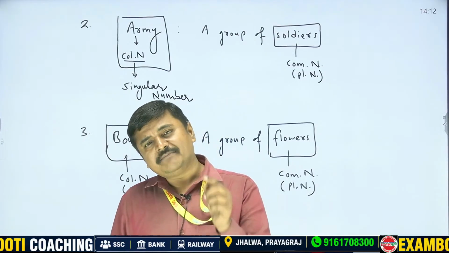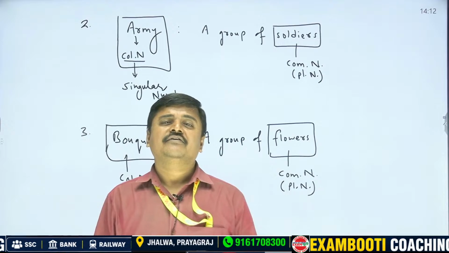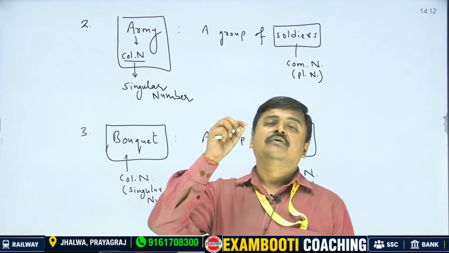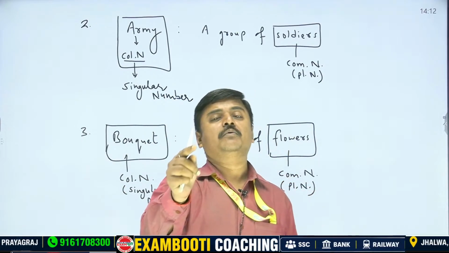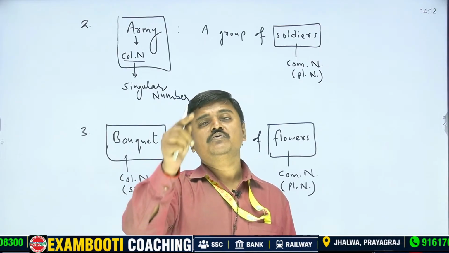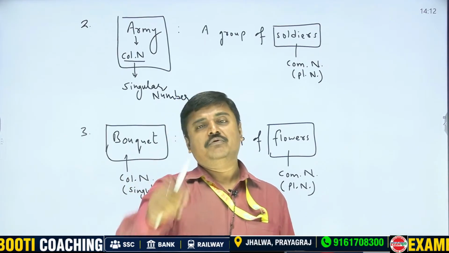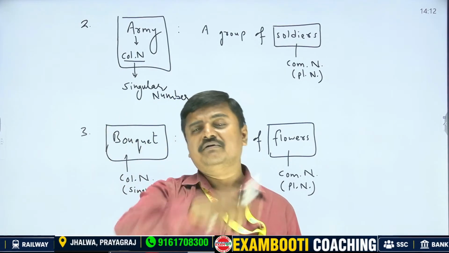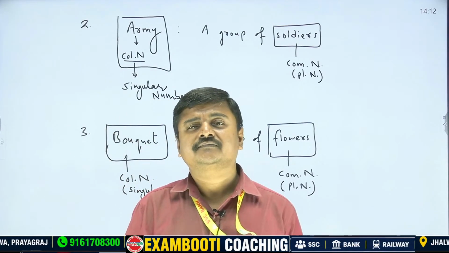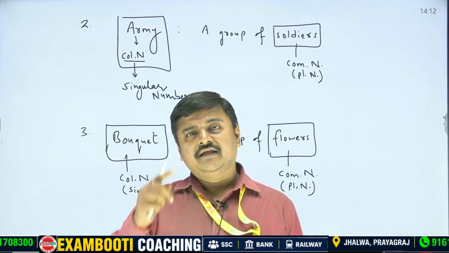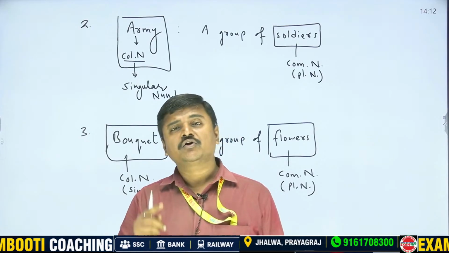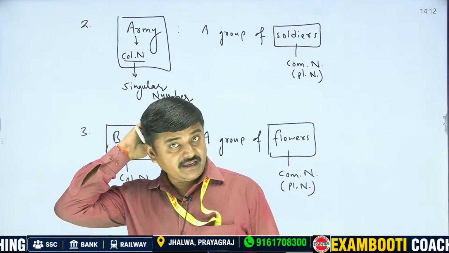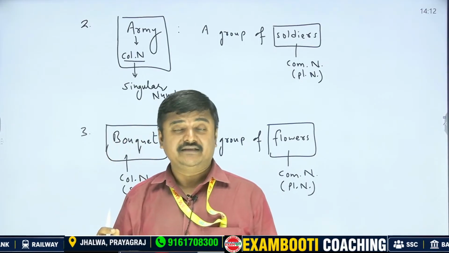A collective noun can be identified only when you have just one condition in your mind. You knew them before. You have read them before. If not, you are not going to identify them very clearly.